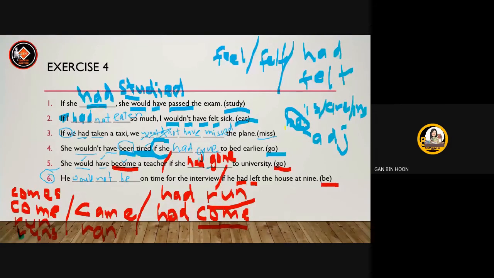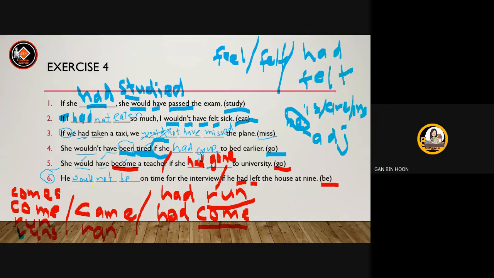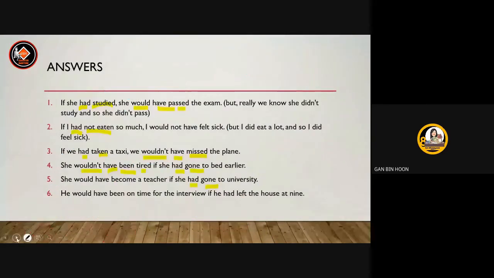Okay, good. Number 4, she would have been tired. She would not have been tired if she had gone to bed early. Betul. Okay, had gone. She would have become a teacher if she had gone to the university. Correct. Okay, let's look at the last one. Last one you answer, he would not be on time for the interview if he had left the house at 9. Okay, so here, he would have been on time.